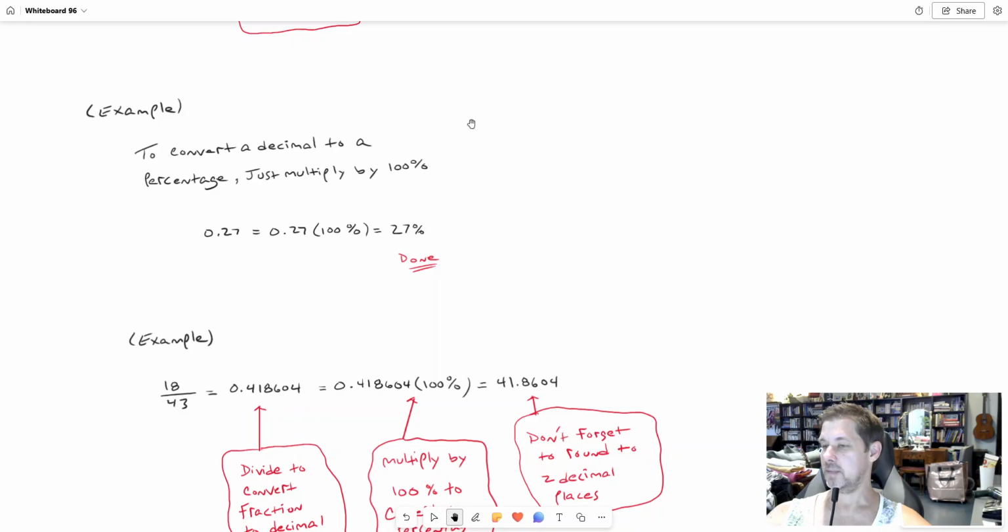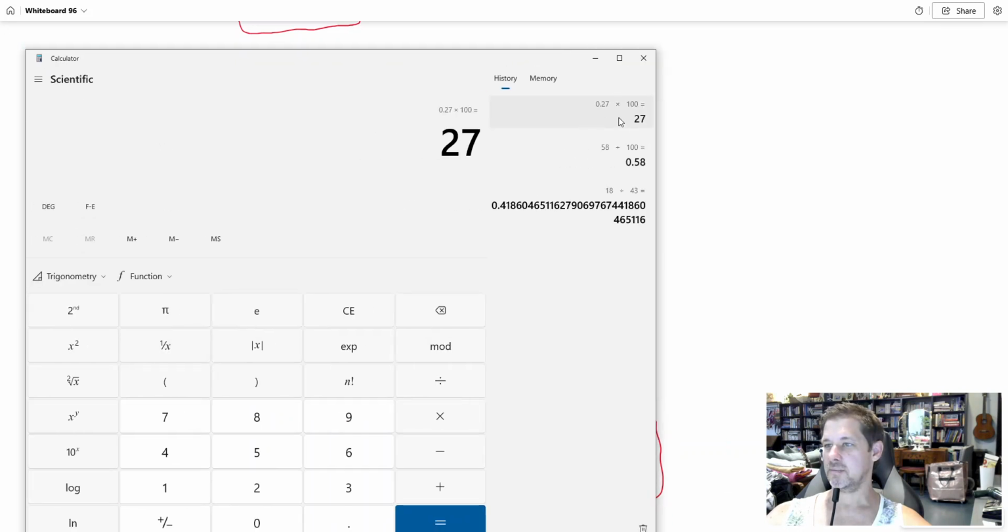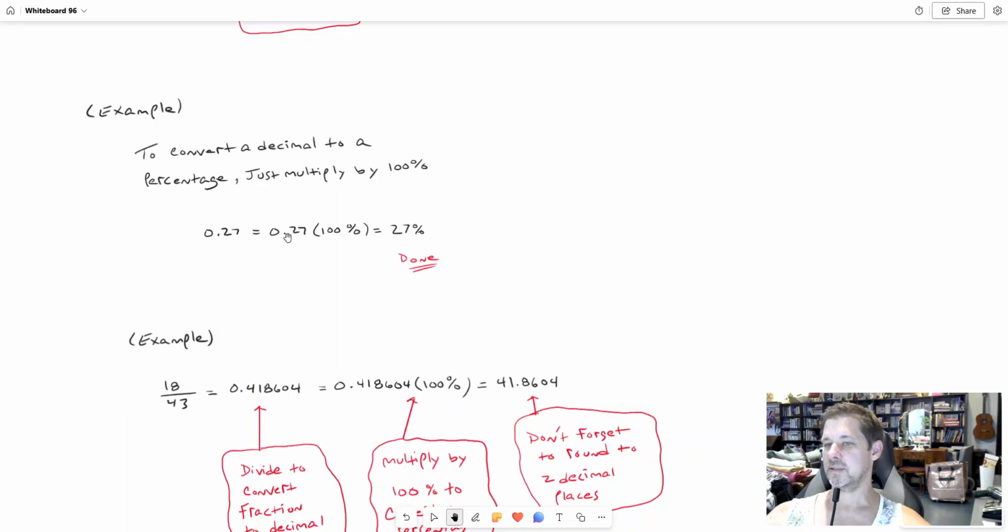So I'm seeing a pattern here. When we multiply by 100, we move the decimal in the number we're multiplying 2 spaces to the right. So 0.27 times 100, well, I could get my calculator and do that, but all that's going to happen is the decimal moves 2 spaces to the right. 0.27 times 100 is 27, okay?